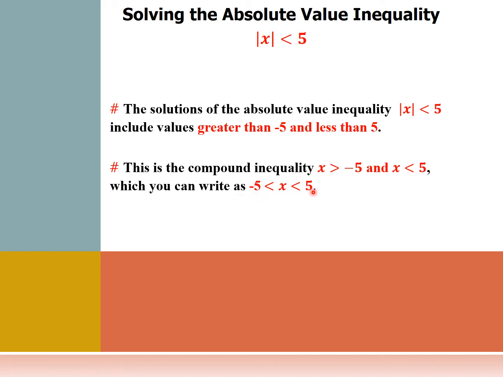So x is between -5 and 5. So absolute value of x less than 5 means all the values of x between -5 and 5, the interior area of the roots.